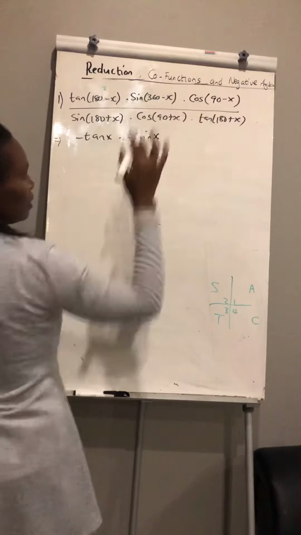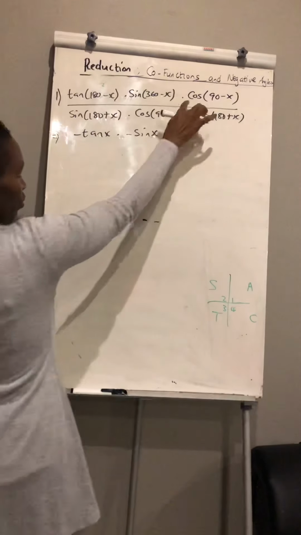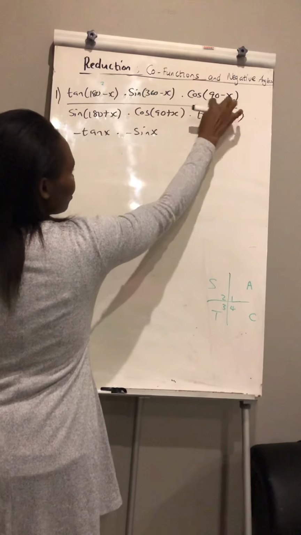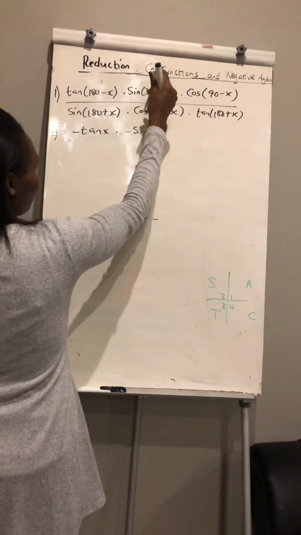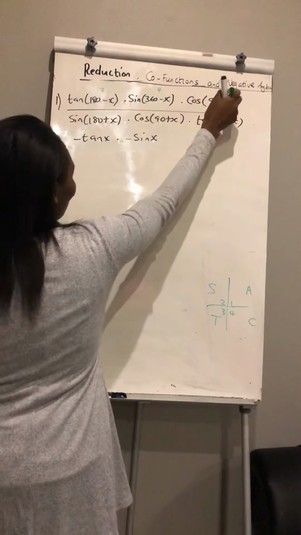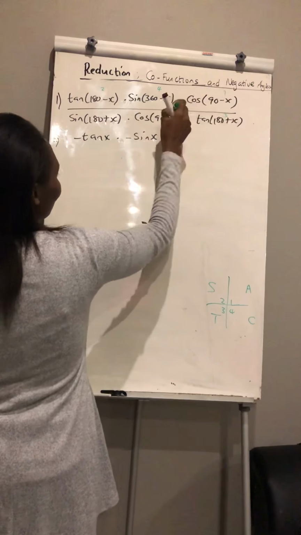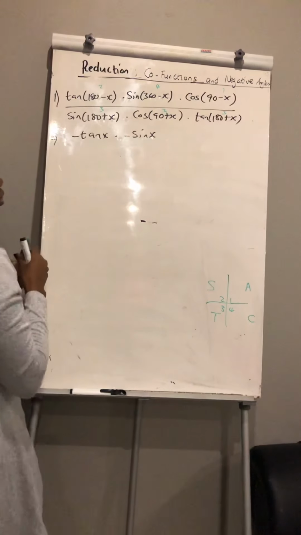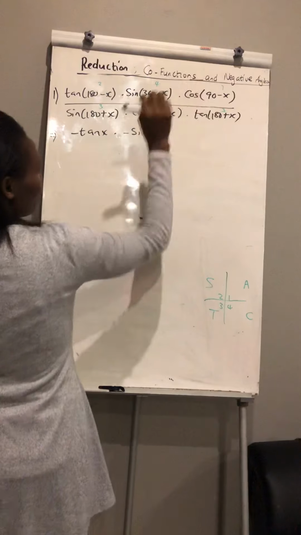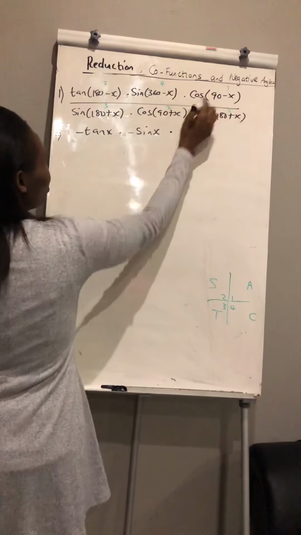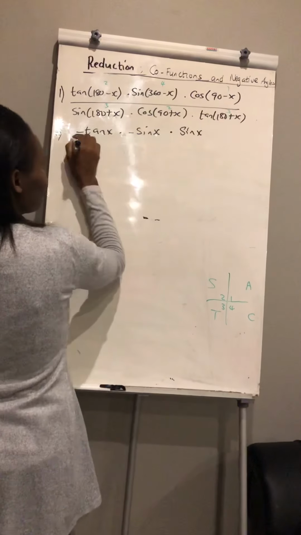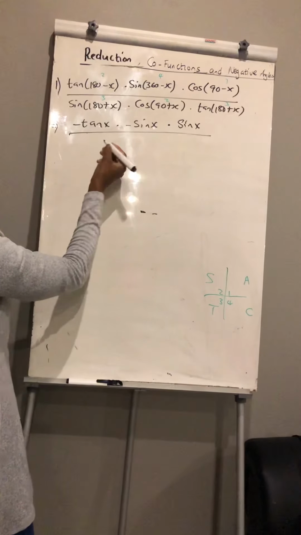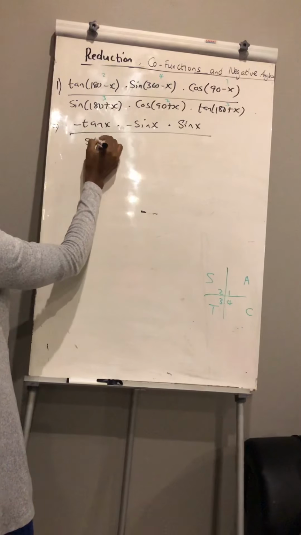And now 90 degrees. Firstly, it will change to sine. But is it going to be positive or negative? Since this is the first quadrant, everything is positive. So this will change to positive sine x. Third quadrant, and in the third quadrant, sine is negative.